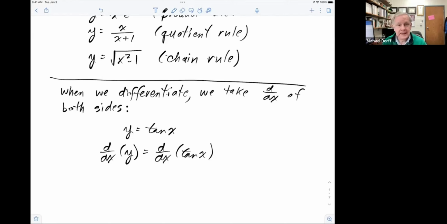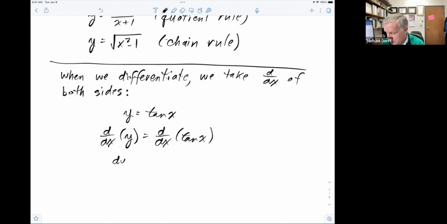Now, when I do d dx of y, what I have is dy dx. When I do the d dx of the tangent x on the right side, I'm going to have the derivative of tangent, which is secant squared x. And then my variable here is x, so I'm doing a dx here.